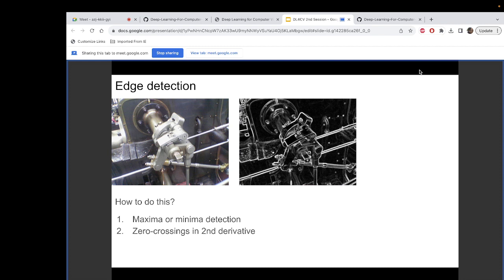So edge detection, right? First of all, what is edge detection? Suppose you are given an image like this, and you want an algorithm which will tell you what are the edges present in this particular image. So what is an edge?